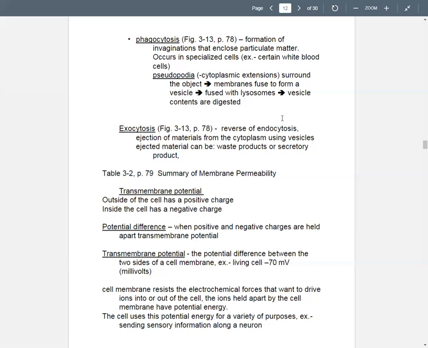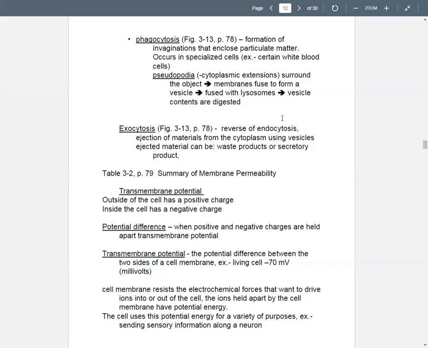And it does that through what we call pseudopodia. They're kind of like feet. Pseudo means sort of, and pods are kind of like projections. So they're basically extensions of the cytoplasm, and they'll surround the object. The cell membranes will fuse and make a vesicle on the inside of that white blood cell.